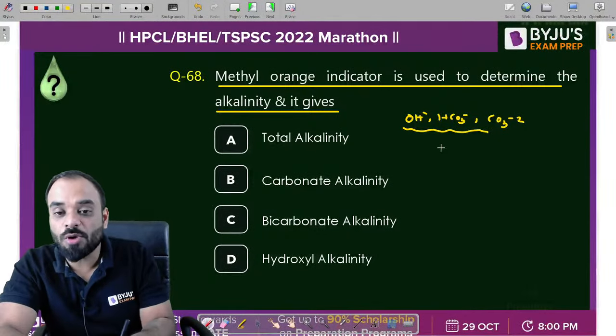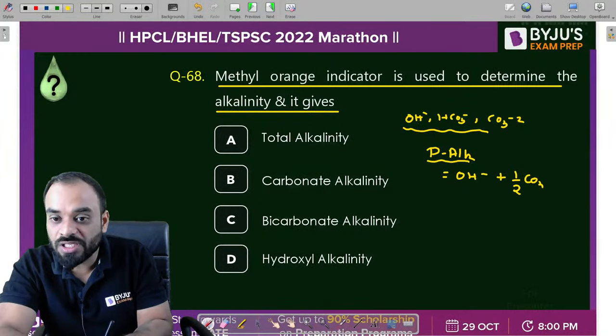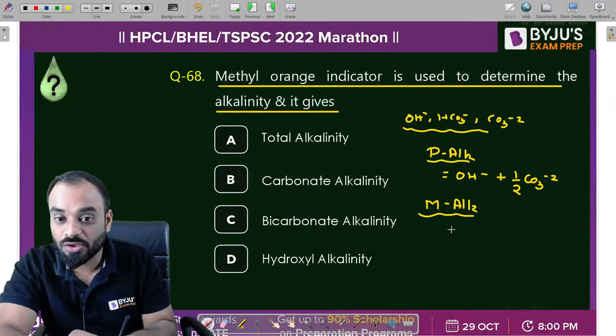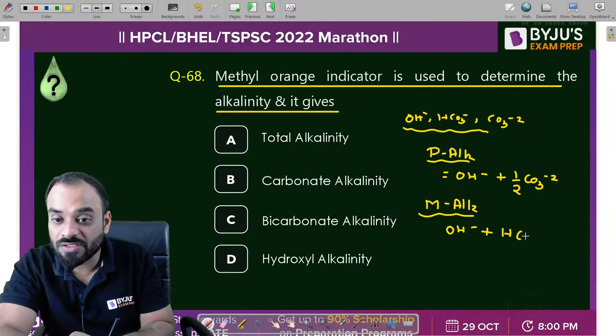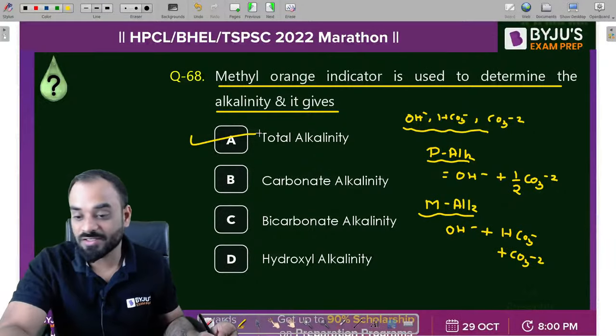Phenolphthalein alkalinity is the alkalinity of OH negative ion plus half of CO3 2 negative. But methyl orange alkalinity is the total alkalinity of water, which is due to OH negative, HCO3 negative, and CO3 2 negative. That means it is the total alkalinity. That's why A is the correct answer.